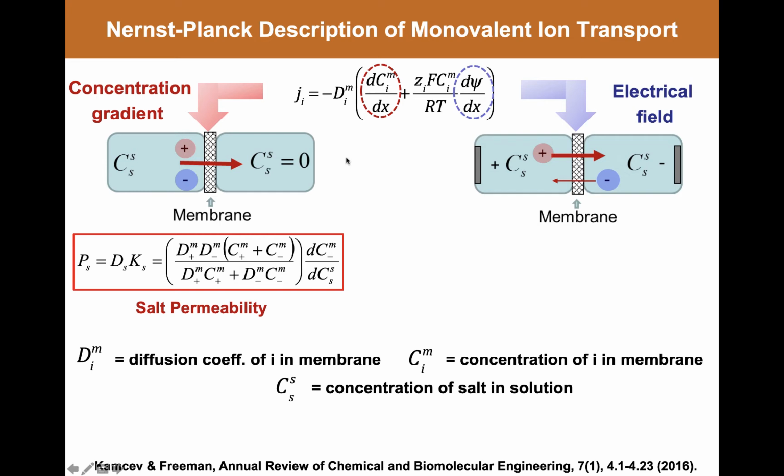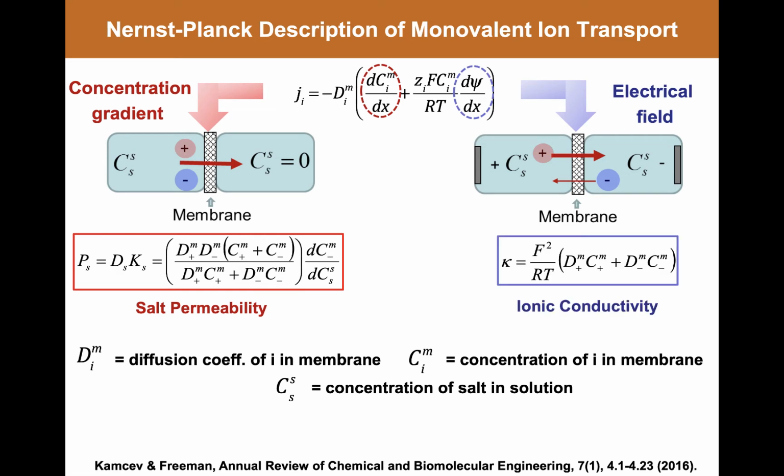And if we use the Nernst-Planck description now to describe this experiment, and again maintaining electroneutrality, we calculate the so-called ionic conductivity, kappa, and it is closely related to the permeability, except now this is a measure of the current required to move these ions back and forth across the membrane.